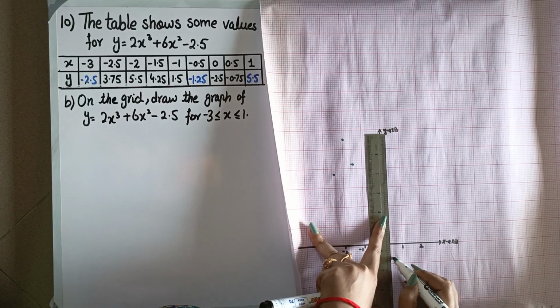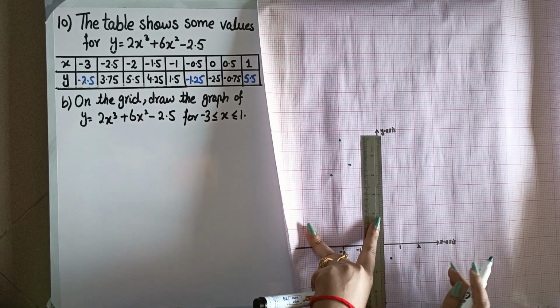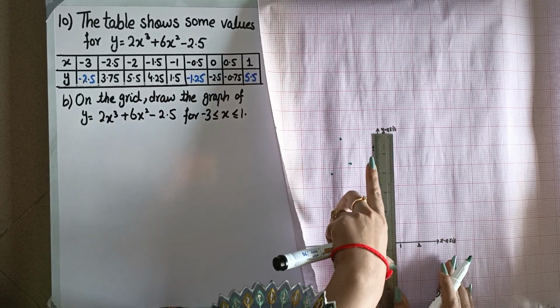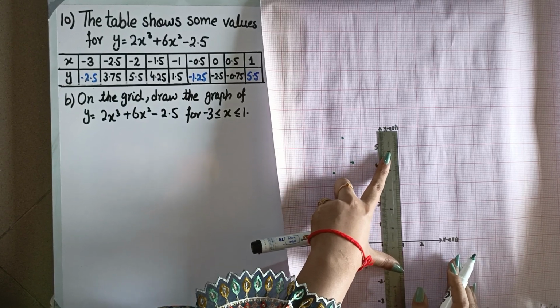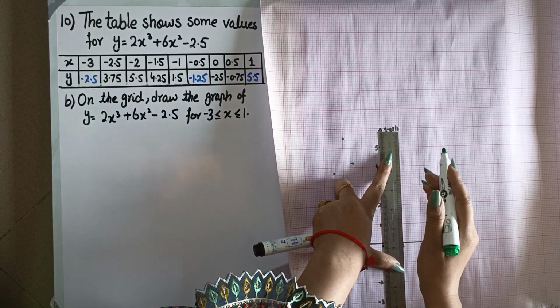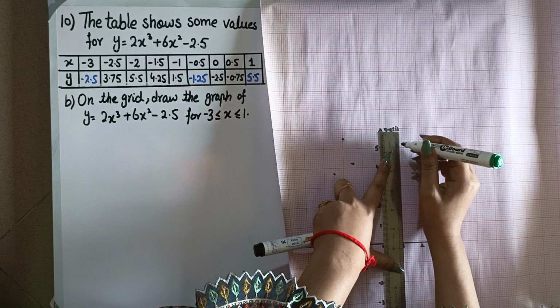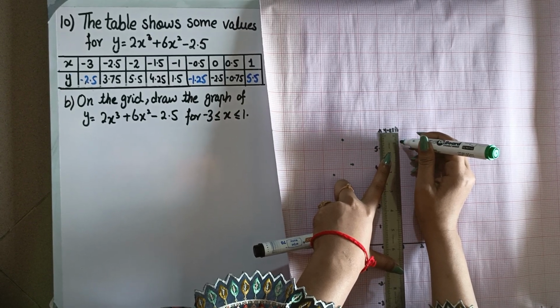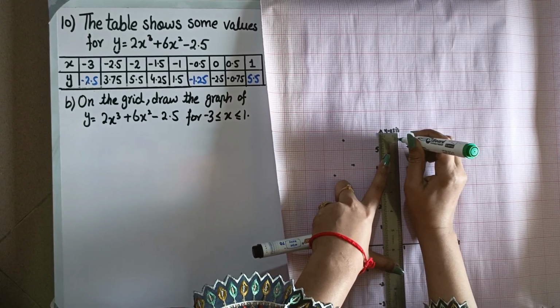This is the point. For 1, you have to mark 5.5 in the positive sense. The point will lie over here.